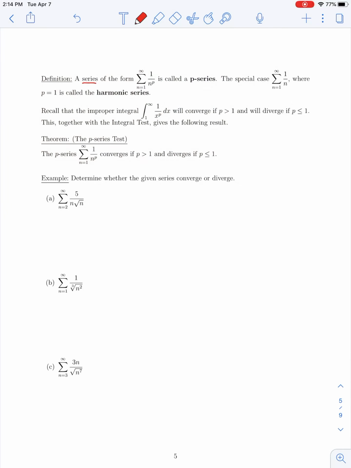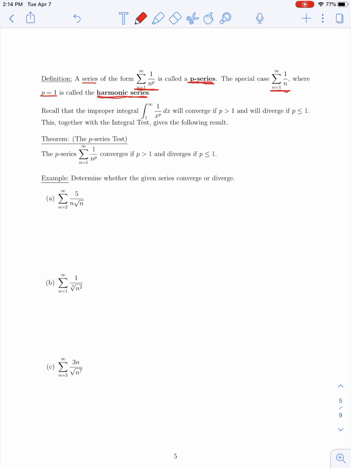Here, any series that has the form sum from 1 to infinity of 1 over n to the p power is called a p-series. And the special case of a p-series where p is equal to 1, that is the series 1 over n, summing from 1 to infinity, is what is called the harmonic series.